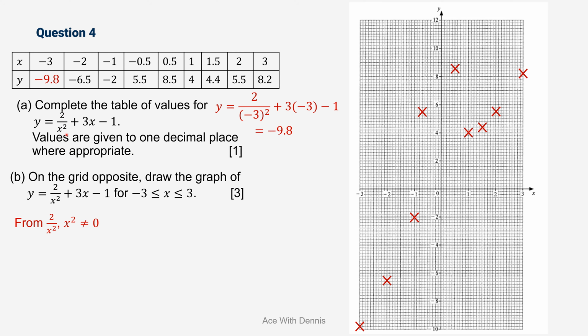From the 2 over x squared, we know that x squared cannot be 0. Hence, x equal to 0, which is the y-axis, is the asymptote. Therefore, the graph cannot cross the y-axis, even from the right hand side here. Okay, so this will be how it looks. Then label the graph y equals 2 over x squared plus 3x minus 1.